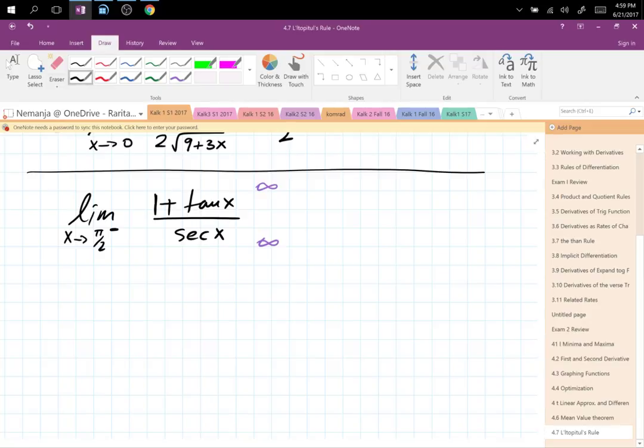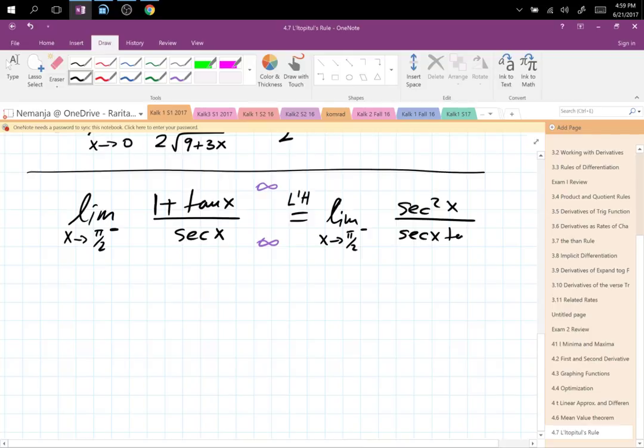It is, again, a job for L'Hopital's rule. So what we do is we take independent derivatives. Don't forget to write this limit on every line until you get to use it up. That's minus 1 per line. What is the derivative of 1? 0. What's the derivative of tangent? Very good. And what's the derivative of secant? Nice.